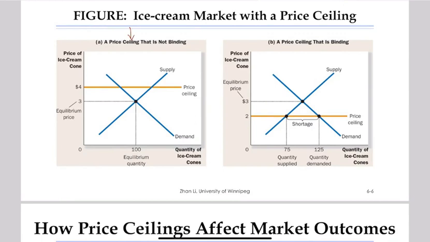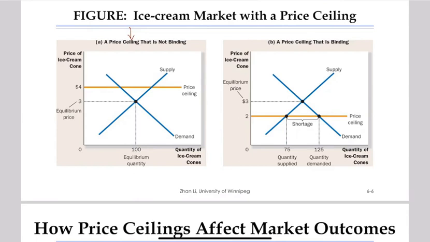So $3 is not in violation of this price control policy, which means the market price will stay at $3. So you can see that the price ceiling is not binding. To summarize, if a price ceiling is larger than the equilibrium price, then the price ceiling is not binding, and the equilibrium price and equilibrium quantity will stay the same.